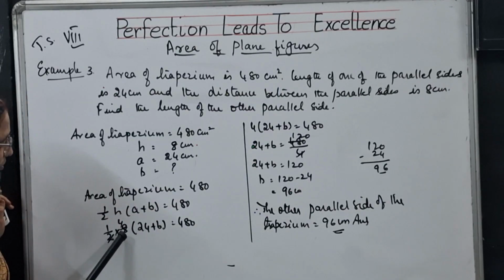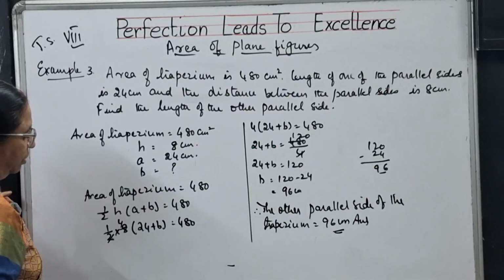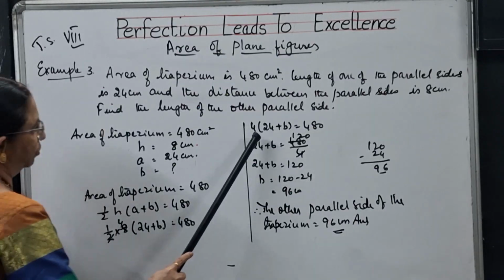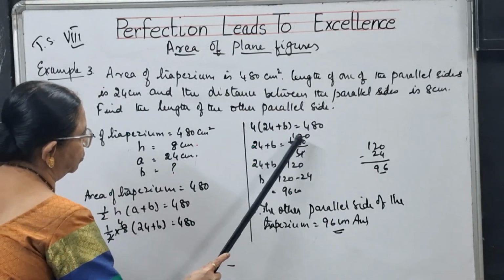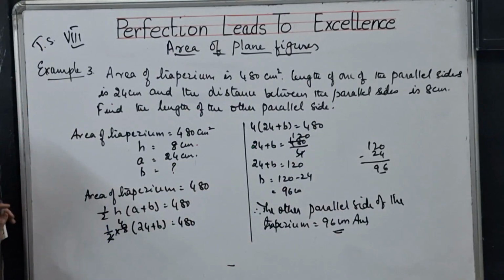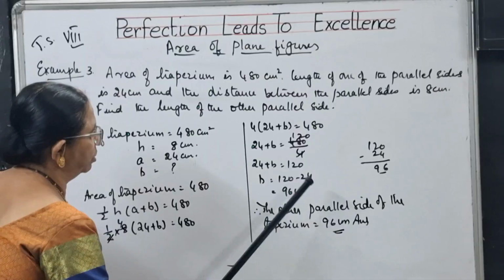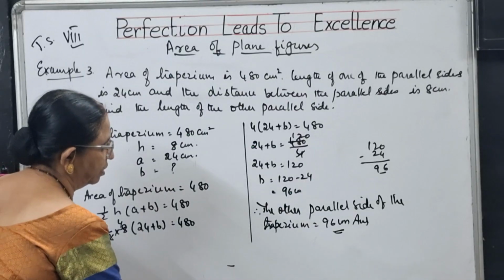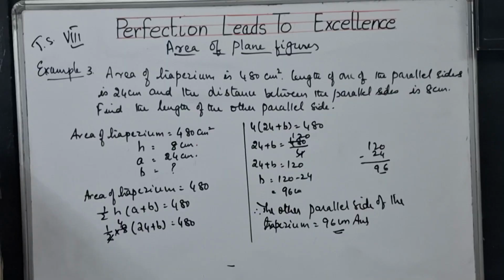So half into h, which is 8, into 24 plus b is 480. So 2 ones are 2, 2 fours are 8, 4 into 24 plus b is 480. So 24 plus b is 480 by 4. I send this 4 here. Multiplication becomes division. So 24 plus b is 120. So b is 120 minus 24, that is 96 centimeters is the answer, children. Please note it down.